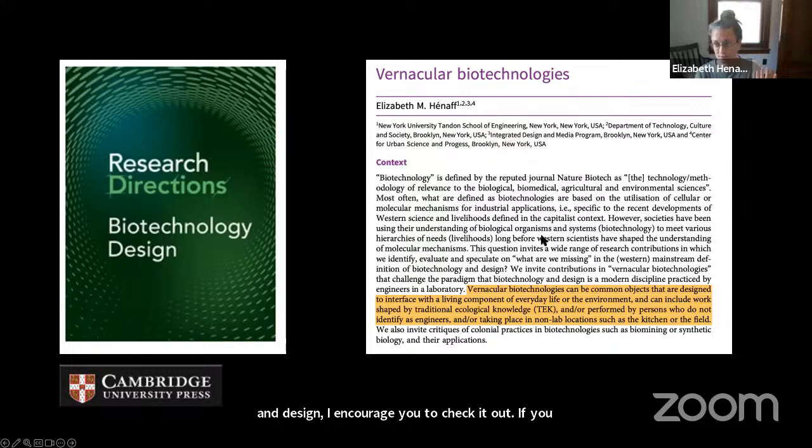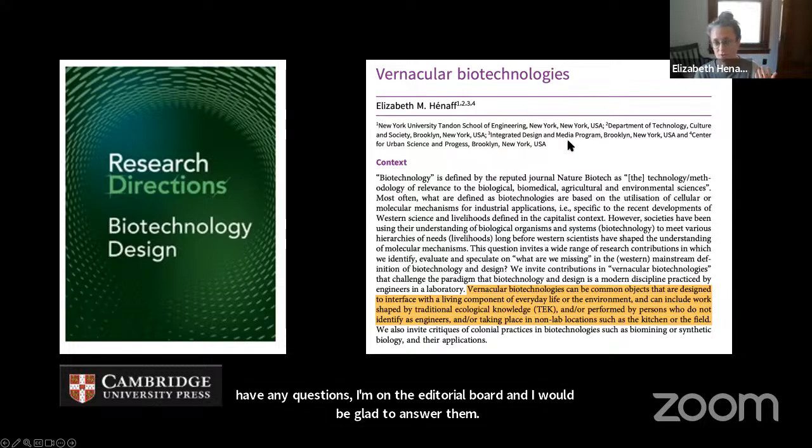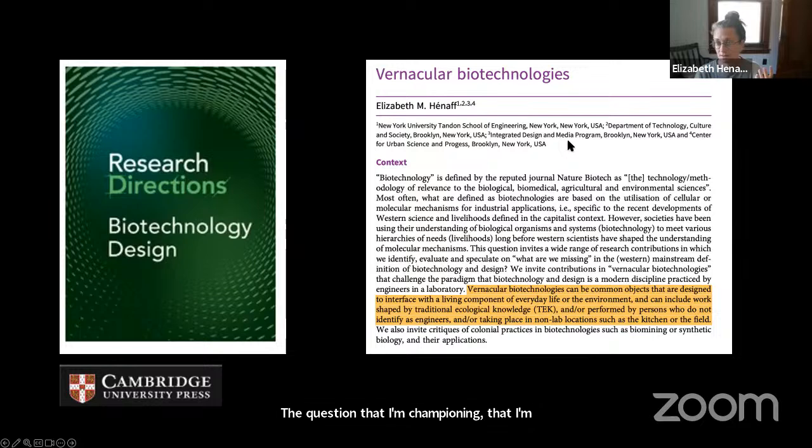The question that I'm championing, that I'm particularly attached to, comes back to this idea that biotechnology does not necessarily belong only to Western science.